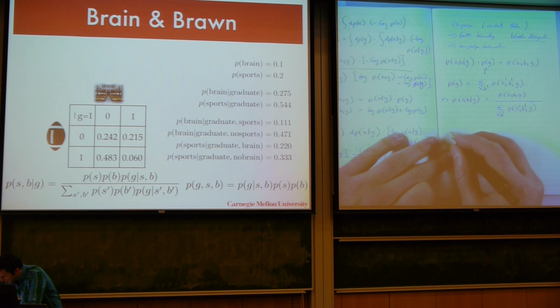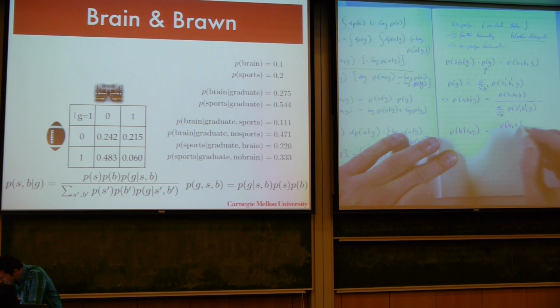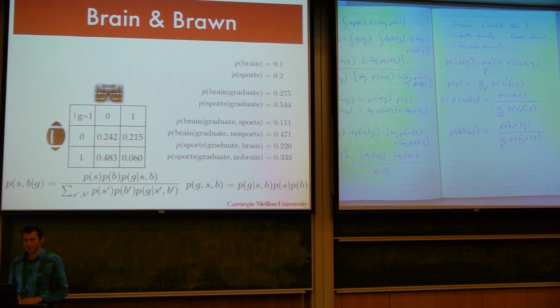Right? So what we have is that P of brain given sports and graduation is just P of B prime and sports given graduation divided by the sum over B prime of P of B prime, S given G. So, same equation as up here, just that now we only have one variable left.